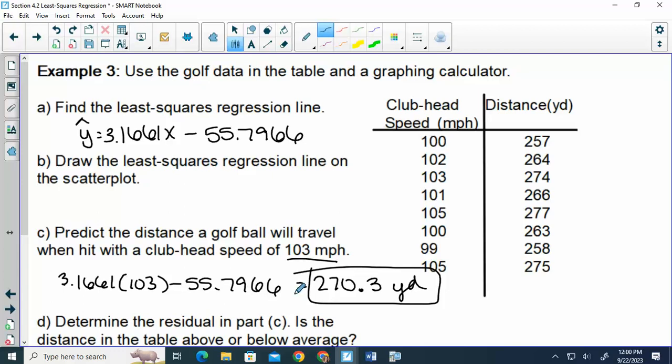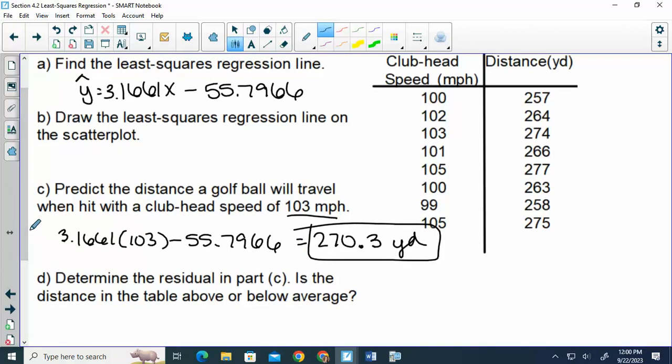Okay, so now if I want the residual, anytime you forget what something is, look at your formula sheet. It says residual equals the observed y minus the predicted y. Okay, observed is what we saw in our table. So that was 274.